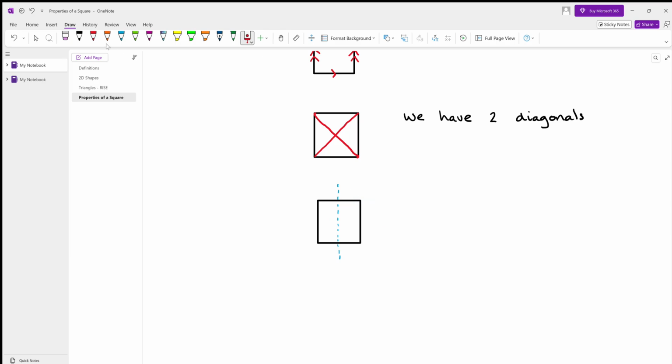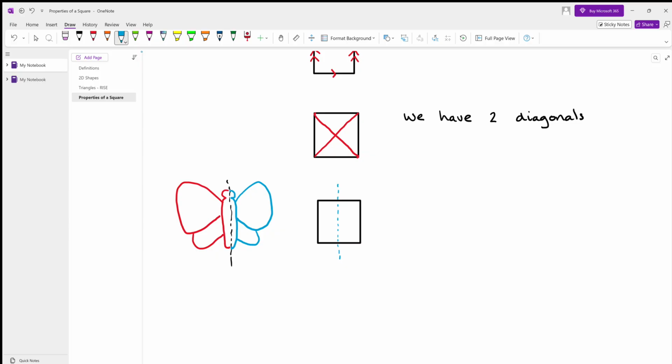Another way of looking at it, which I've seen is a really good way: if I've got a butterfly, there's half a butterfly. It has a line of symmetry down the middle there, because if I put a mirror there, the other half will look exactly the same. It doesn't look the same, but you get the idea. So that's your line of symmetry.